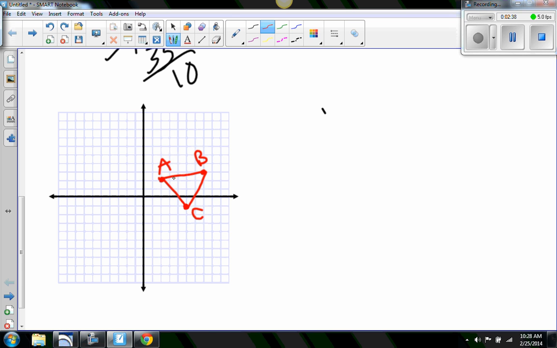Right now it is 2 over and 2 up from this line, right? So if I go 90 degrees, it has to be 2 and 2 from this line. So that will be your new A.